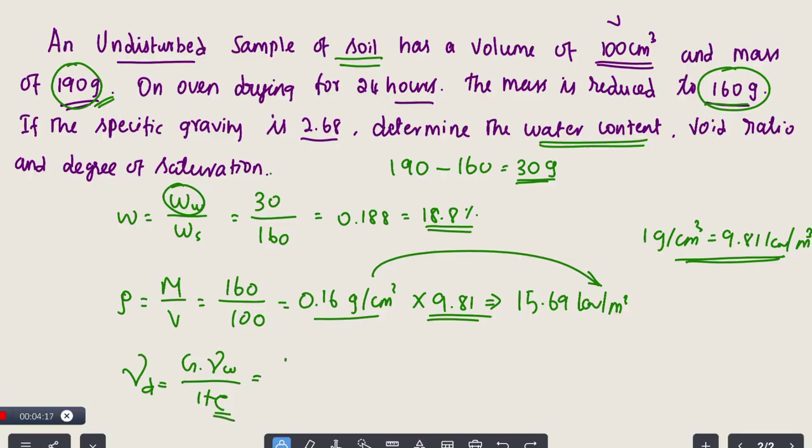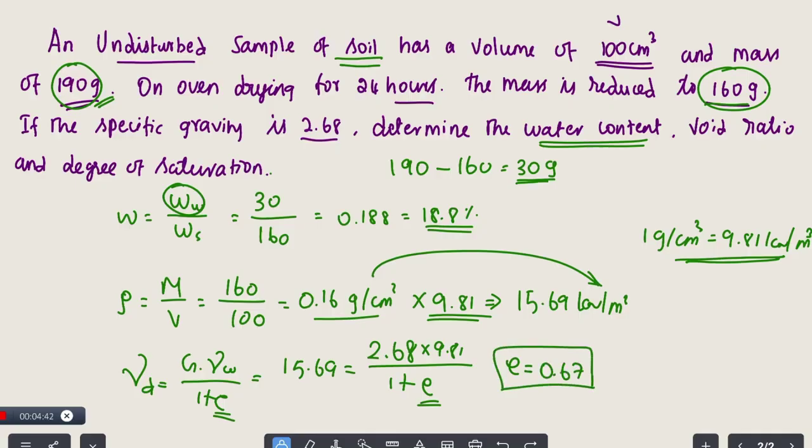So gamma D is 15.69, equal to G, which is given as 2.68, into gamma W, which is 9.81, divided by 1 plus e. Here the only unknown is e. Solving this, we get e equal to 0.67. So we found the second answer, the void ratio.